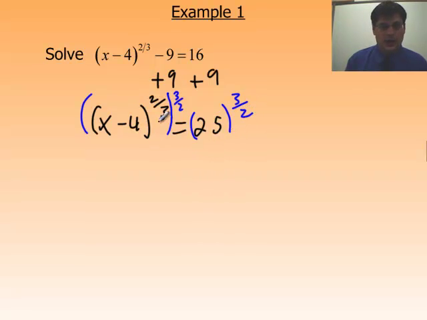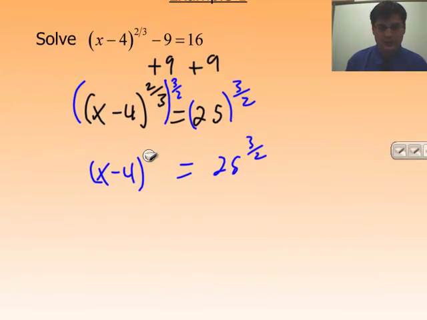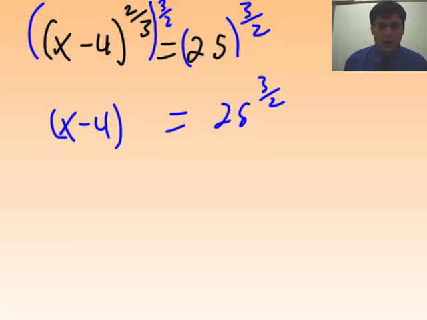The reason I do that is because when I multiply these exponents, I get 6 over 6, which is just 1. So it would be (x minus 4) to the 6/6 power, which is equal to 25 to the 3/2 power. I really don't need to write the 6/6, since they essentially cancel out, as that's just 1.